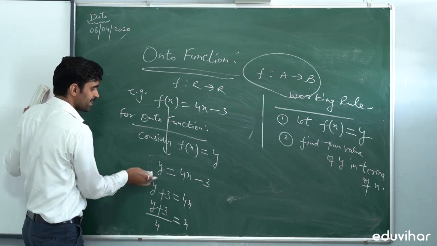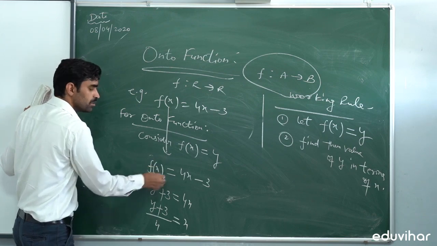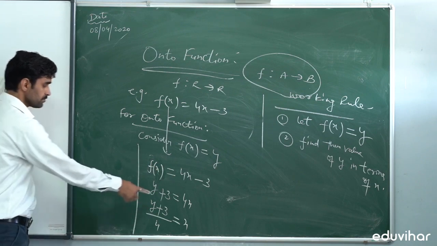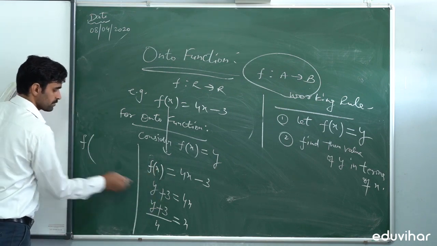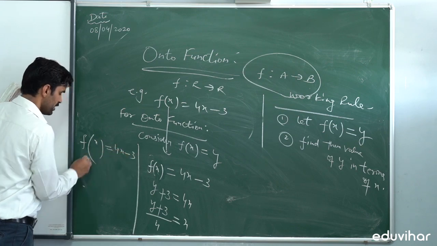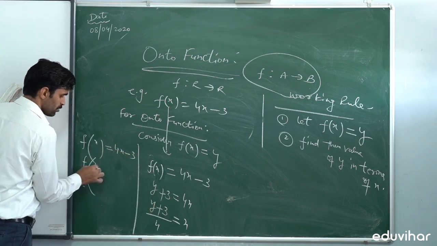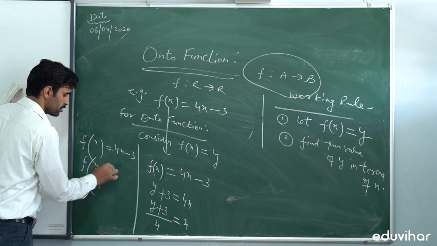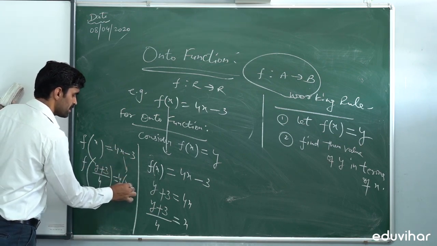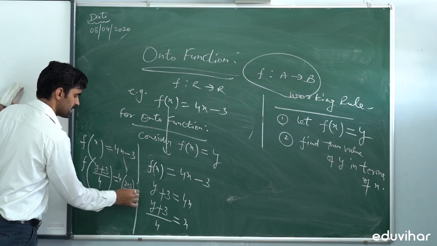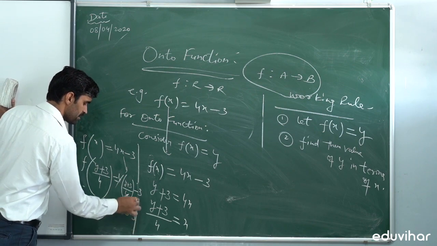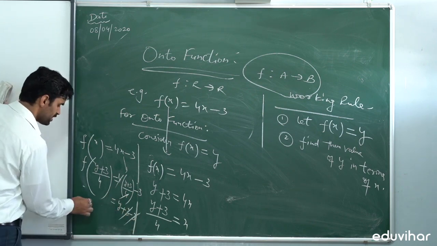Now, f(x) equal to 4x minus 3. Here we put the value of x equal to (y plus 3) upon 4. So 4 times (y plus 3) upon 4, minus 3. Here y plus 3 minus 3, the 3 cancels out.